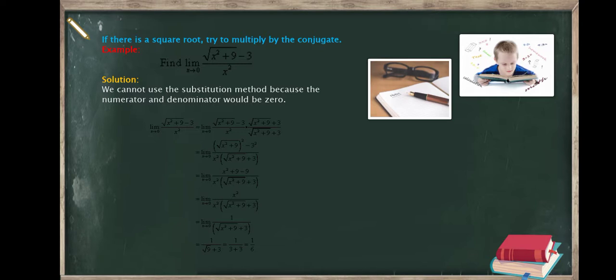is equal to limit of x squared plus 9 minus 9 all over x squared times the quantity of square root of x squared plus 9 plus 3 as x approaches 0, is equal to limit of x squared all over x squared times the quantity of square root of x squared plus 9 plus 3 as x approaches 0, is equal to limit of 1 all over the quantity of square root of x squared plus 9 plus 3 as x approaches 0, is equal to 1 over the quantity of square root of 9 plus 3, is equal to 1 over 3 plus 3.